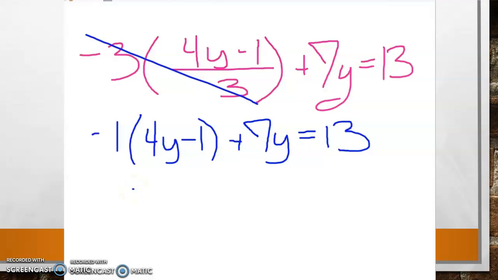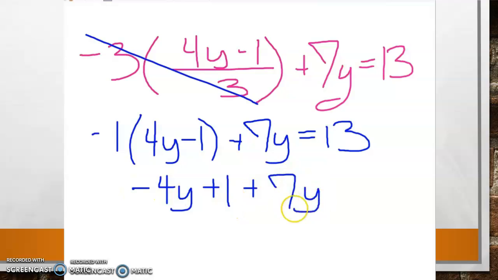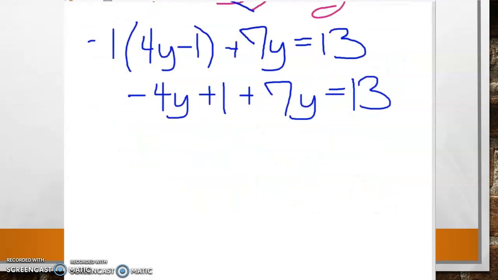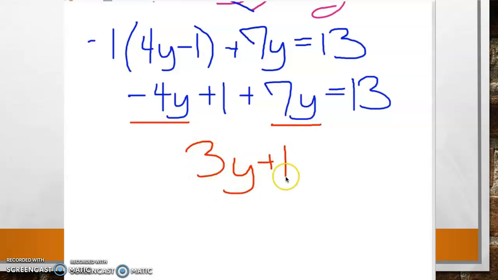So we have negative 4y plus 1 plus 7y equals 13. We're going to combine like terms. Our two like terms in this example are 4y and 7y. So negative 4 plus 7 gives us 3y plus 1 equals 13.